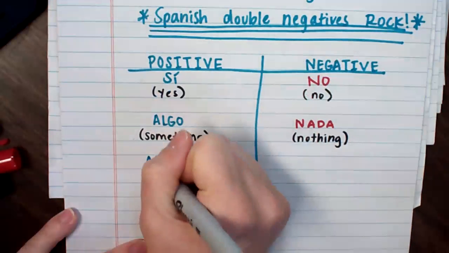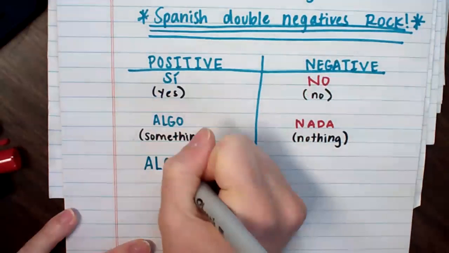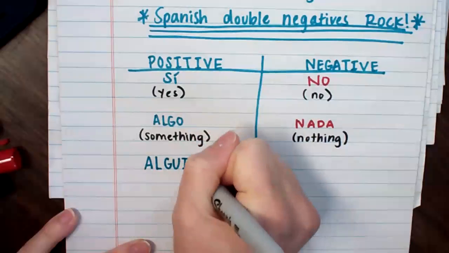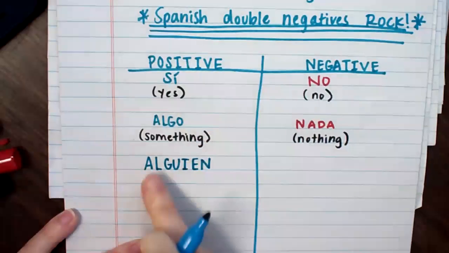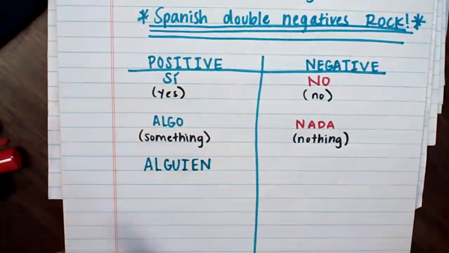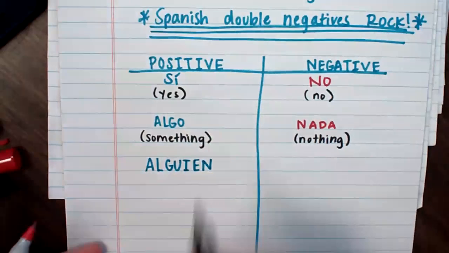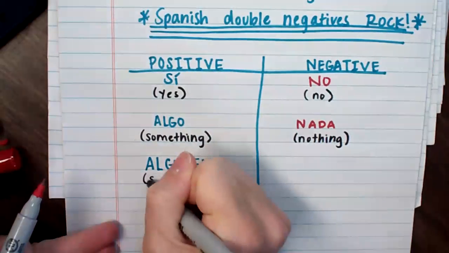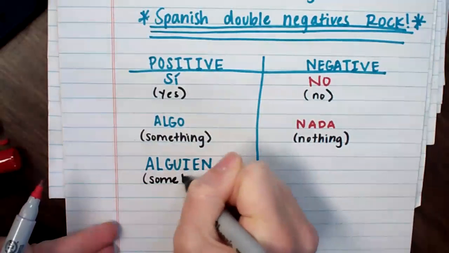Next, we have alguien. Alguien. So alguien means like someone or somebody.